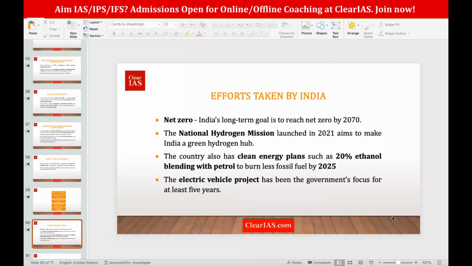Then India has already taken a net zero emission target. We have a National Hydrogen Mission. We have the ethanol blending policy within the biofuel policy, which is advanced to 20% ethanol blending by 2025. Then more focus is given to electric vehicle projects.